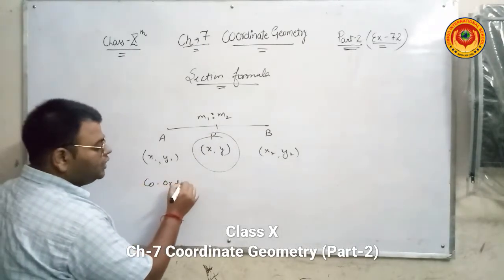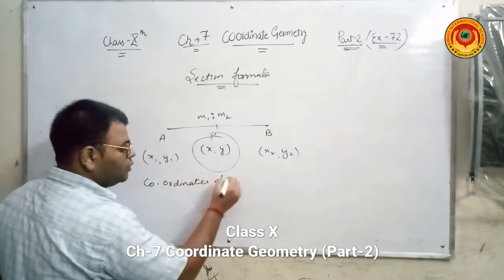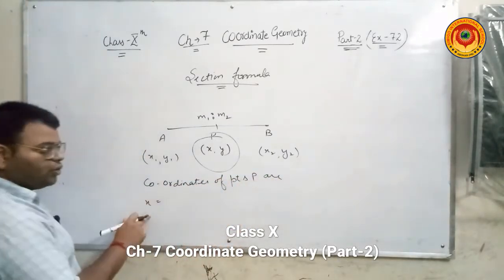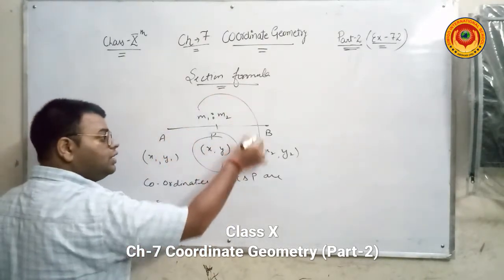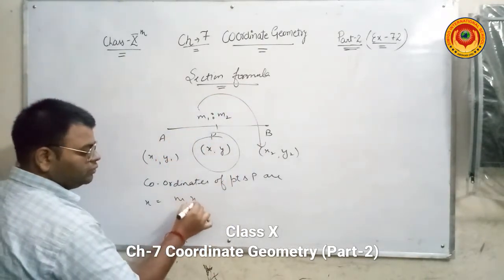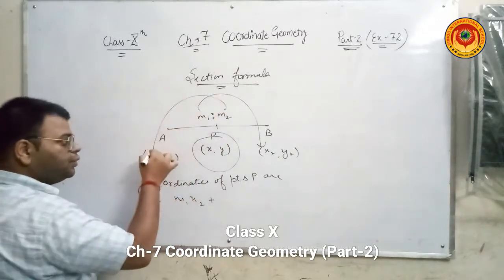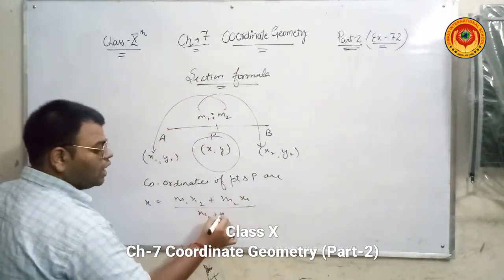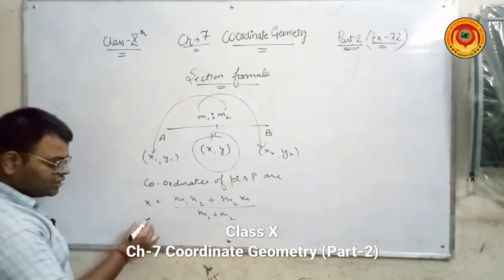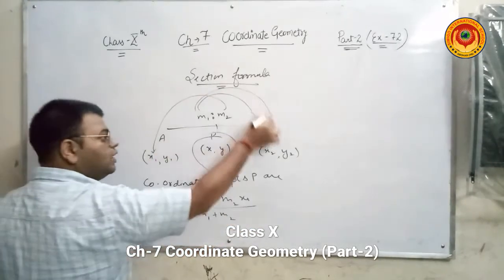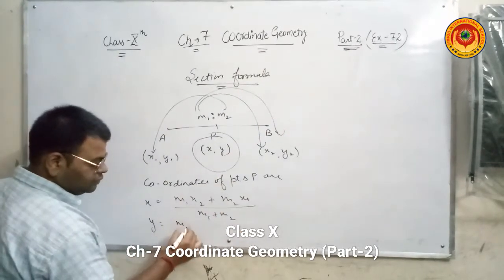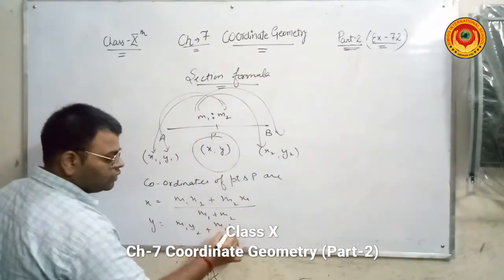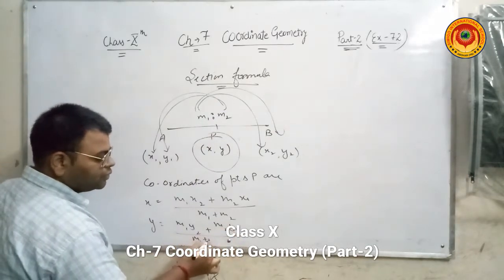The coordinates of point P are x equals m1 into x2 plus m2 into x1 over m1 plus m2. Similarly, you can find y: m1 into y2 plus m2 into y1 over m1 plus m2.